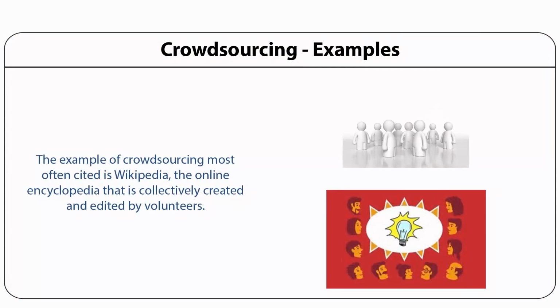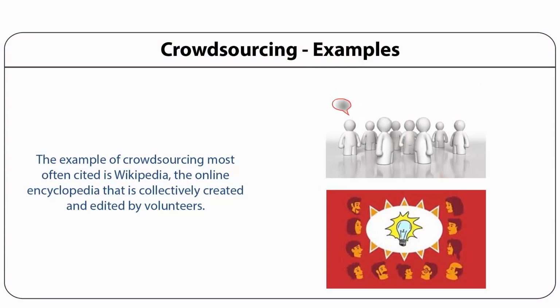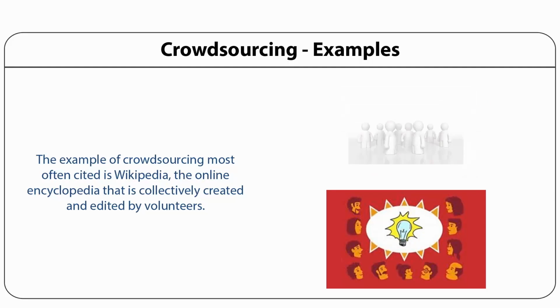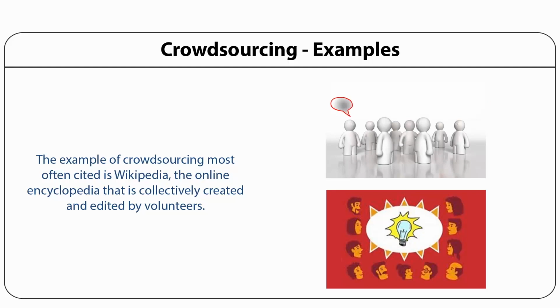The example of crowdsourcing most often cited is Wikipedia, the online encyclopedia that is collectively created and edited by volunteers. Another example we can quote here is in 1884, with the publication of the Oxford English Dictionary, where 800 volunteers catalogued words to create the first facsimile of the Oxford English Dictionary.